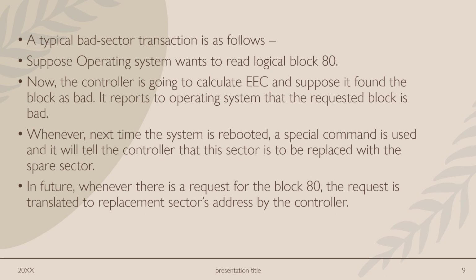The next time the system is rebooted, a special command is used and it tells the controller that this sector is to be replaced with a spare sector in future. Whenever there is a request for block 80, the request is translated to the replacement sector's address by the controller.